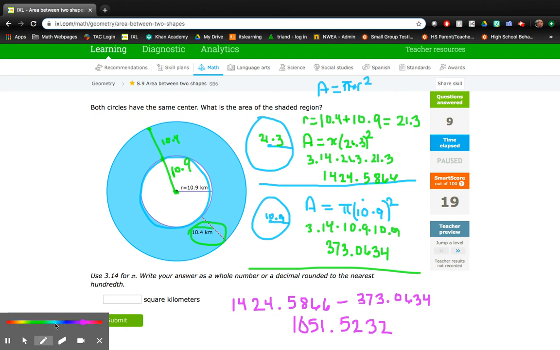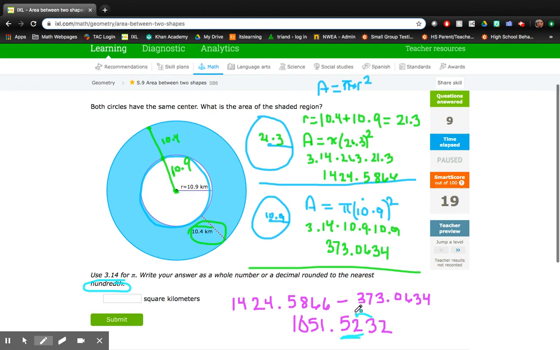Rounding to the nearest hundredth again, because that has to happen correctly. Here's my hundredths place, this 52, 2 places after the decimal. And the question is is the 3 enough to round the 52 to a 53? And the answer is no, it is not. And so my answer is just going to be 1051.52.